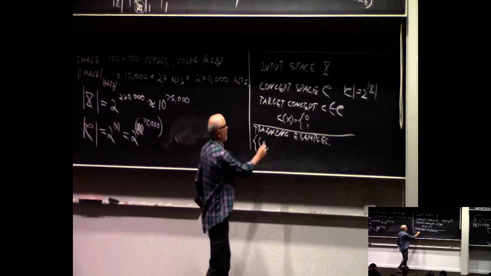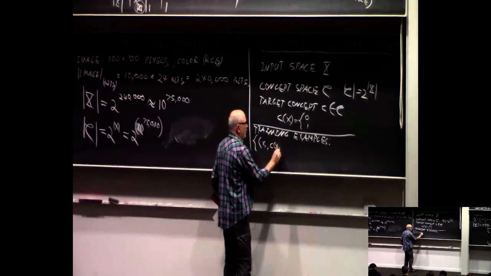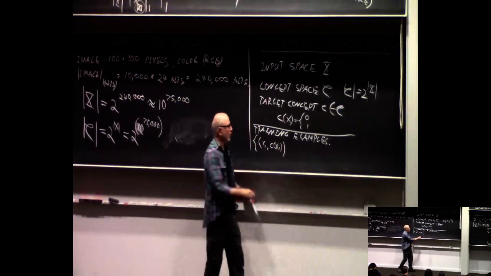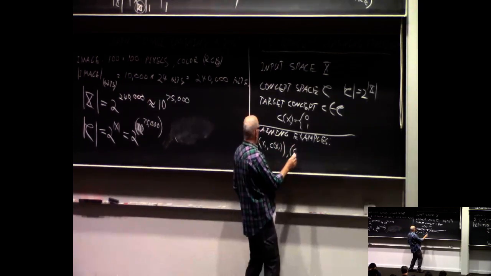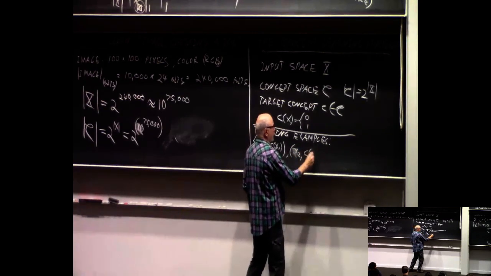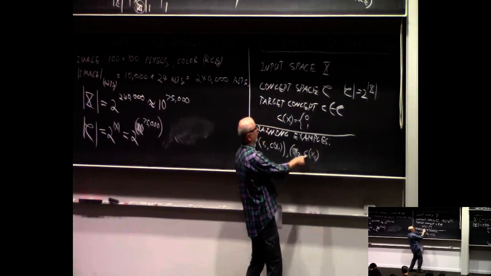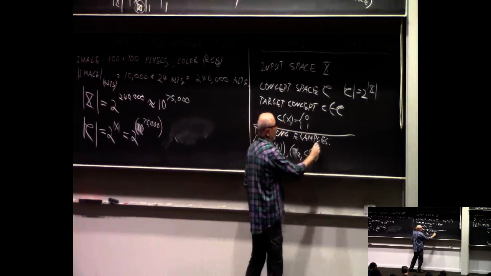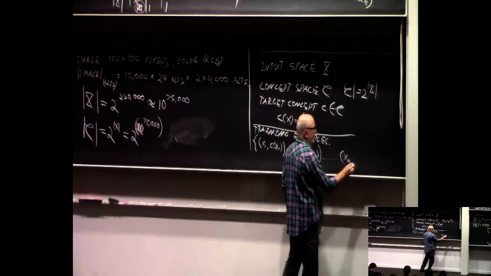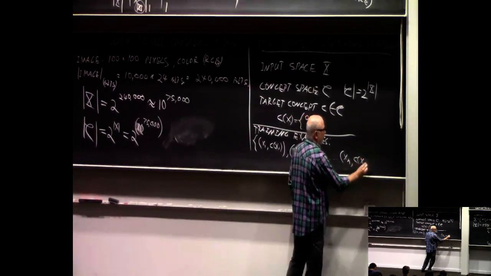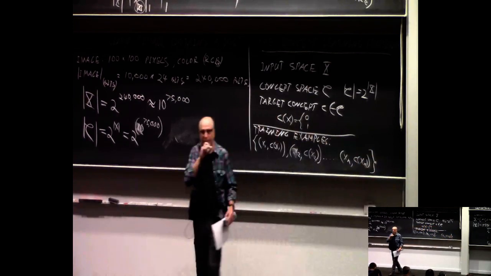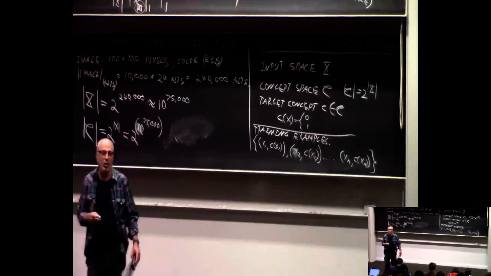So I can also write it as c of x1. This is my first labeled training example. And I can have x2 and c of x2. This is a little c, this guy. All the way to x little n and c of x little n. And then close the set. This is the representation of my training examples.